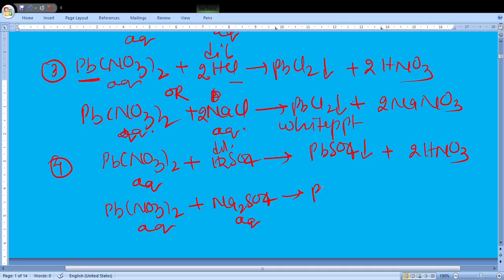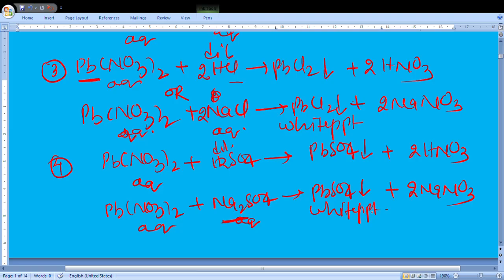Here PbSO4 as a white PPT plus 2NaNO3, because here we have Na2SO4, so you will get NaNO3. So these are the white PPT, isn't it?